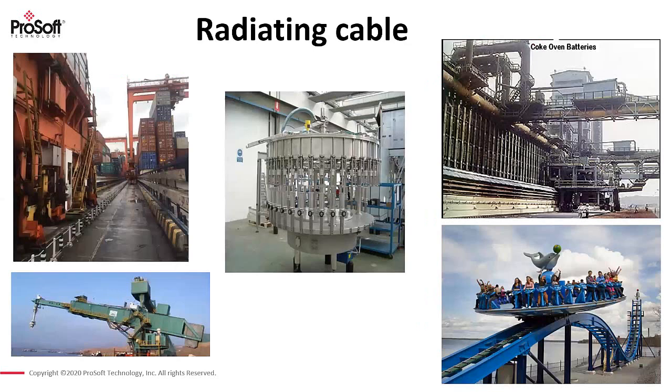Just a few other applications where we've used radiating cable. So top left, this is a container shipping terminal. So if you can see, there's like a little fence there with some blue cable. What happens is the crane runs up and down there and it communicates to that cable.